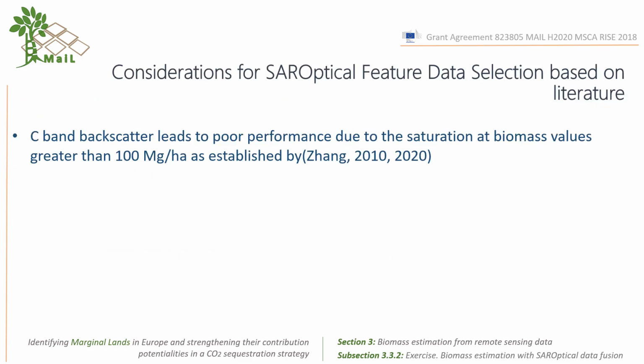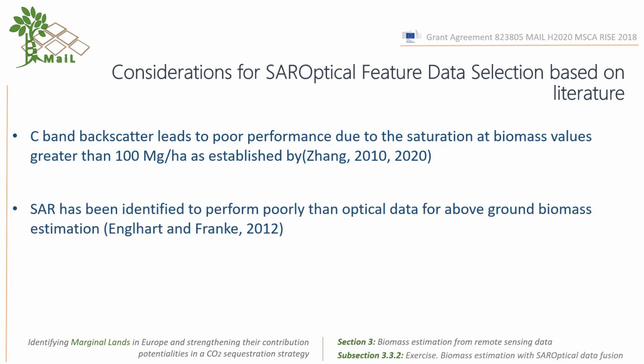The considerations for SAR-optical feature data selection are based on studies on SAR for estimating above ground biomass, which concluded that C-band backscatter leads to poor performance due to saturation at biomass values greater than 100 megagrams per hectare, as established by Zhang.